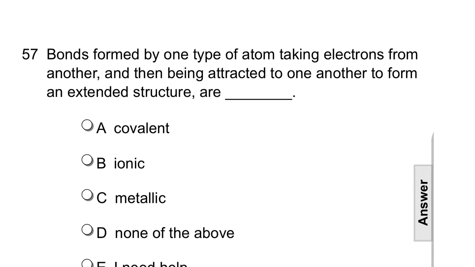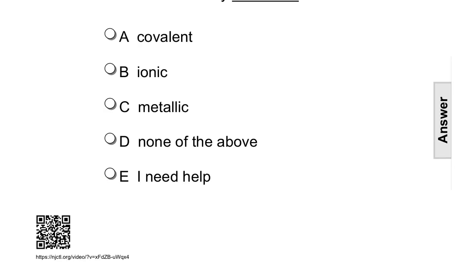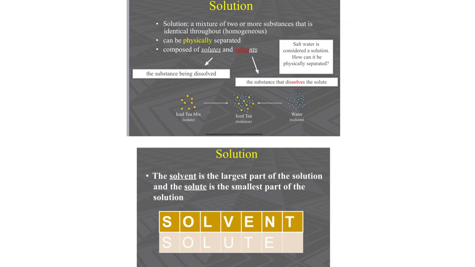Bonds formed by one type taking electrons from another, to form an extended structure, which is called a crystal, or ionic. Molecules are covalent compounds. So covalent bonds form molecules.